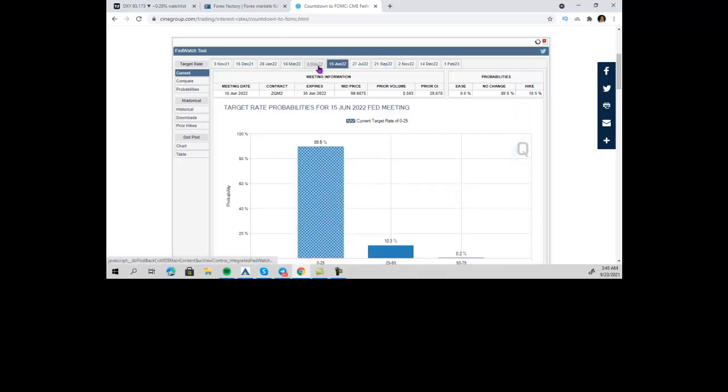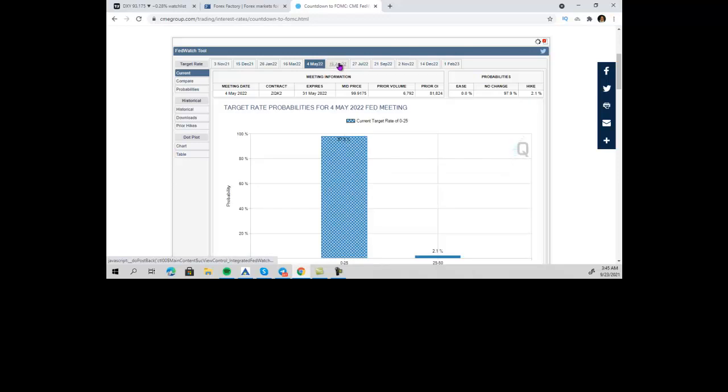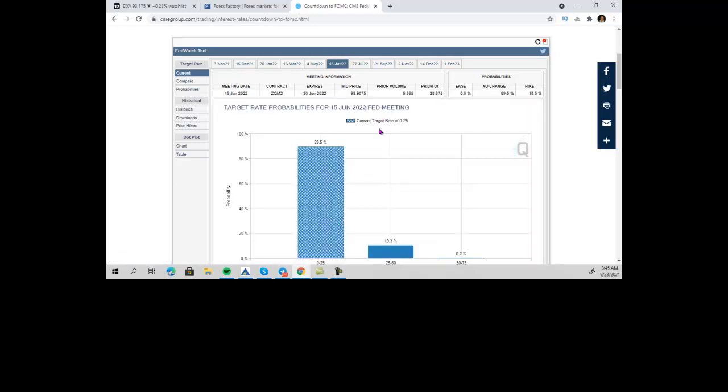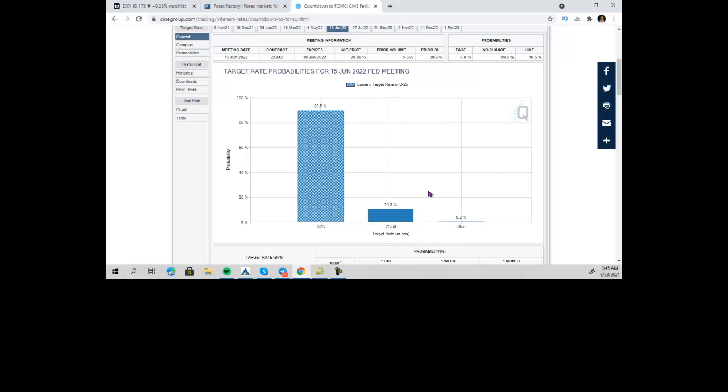Now, if we go to May, to June, here is where we see a possible rate hike, with a 10.3% probability of a 25 basis point hike in the interest rate.